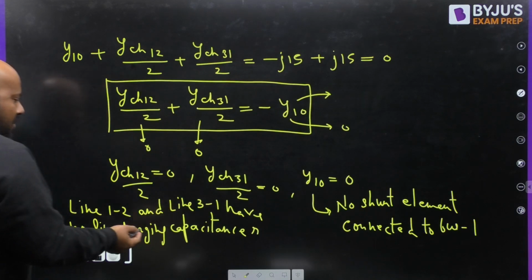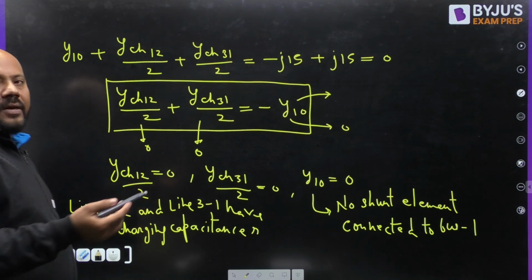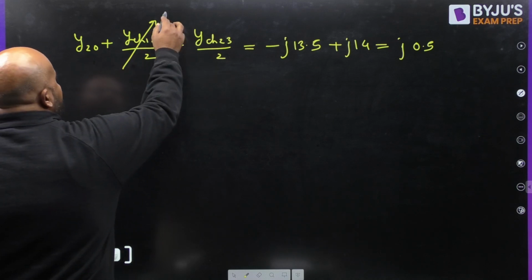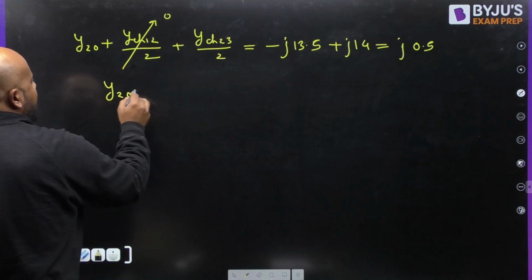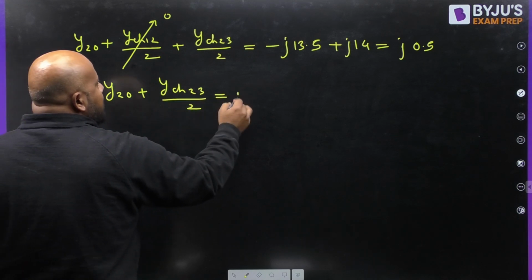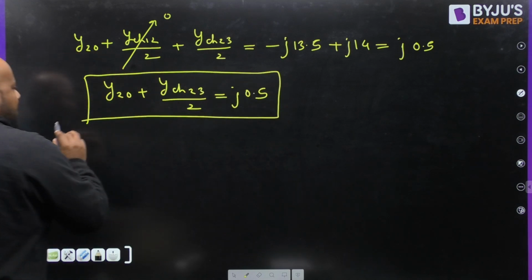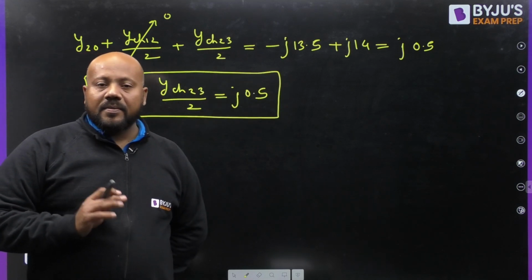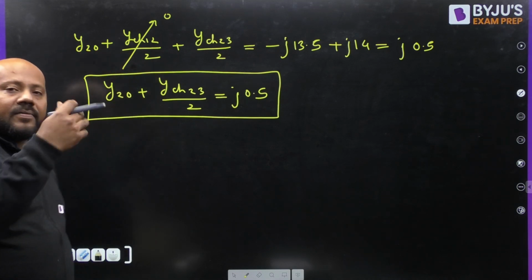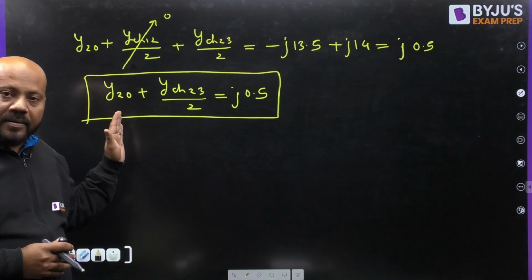Now from the previous conclusion, we know that y charging 12, because line 1 to 2 is not having any line charging capacitance, has to be 0. So you can write y20 plus y charging 23 by 2 is j0.5. Now understand what is the meaning of this equation. There can be infinite ways in which you can connect a shunt element in the second bus.